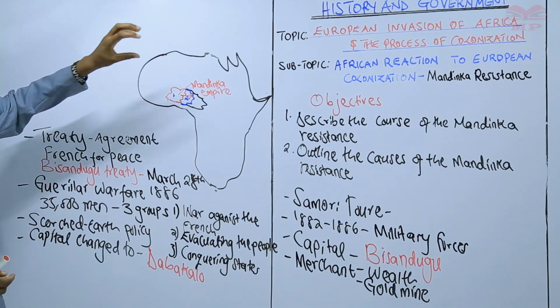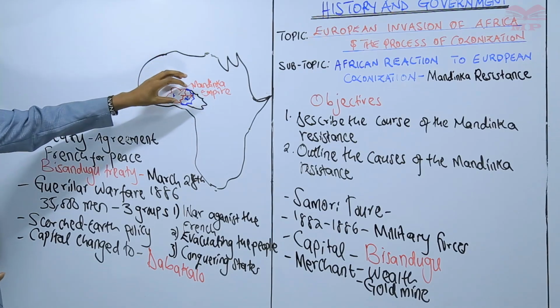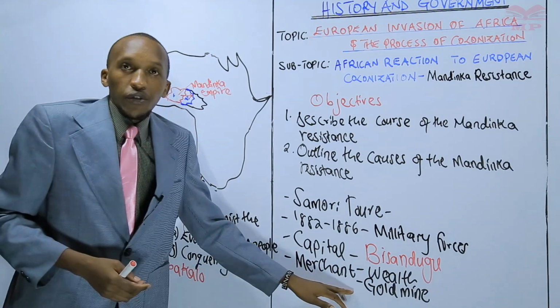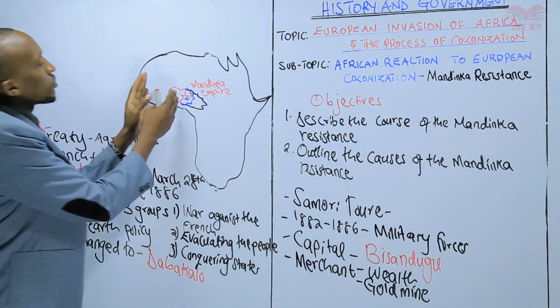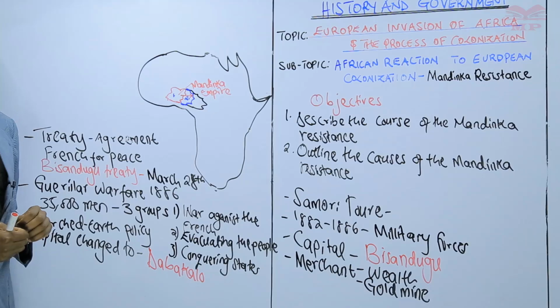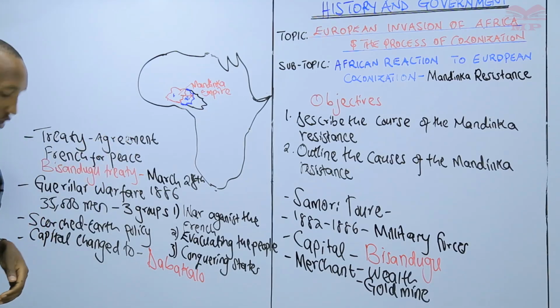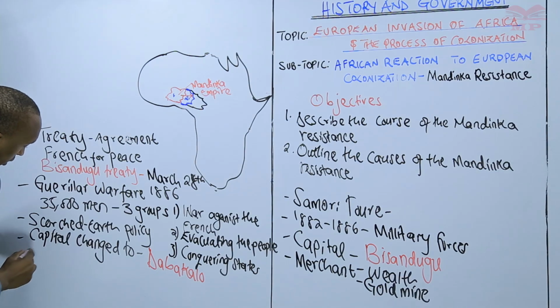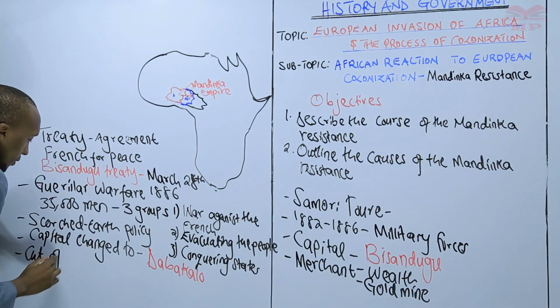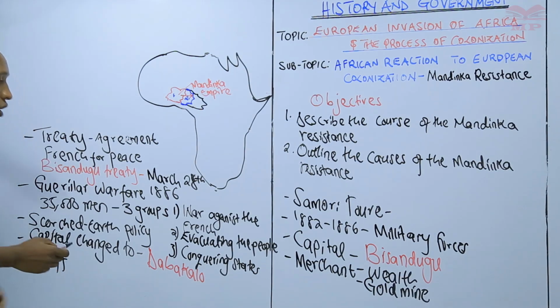And we said the main source of his power was the wealth he got from the gold mine. But now, when he moved to the new empire, he was cut off from his supply.